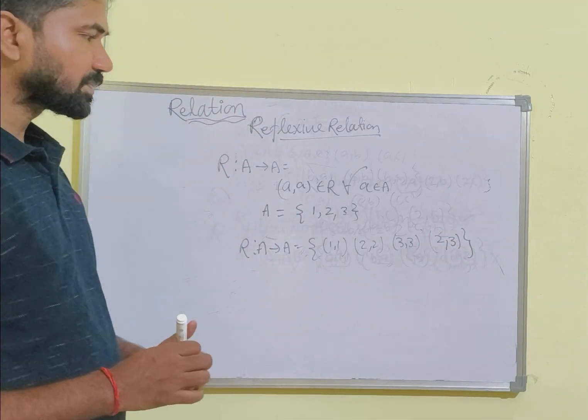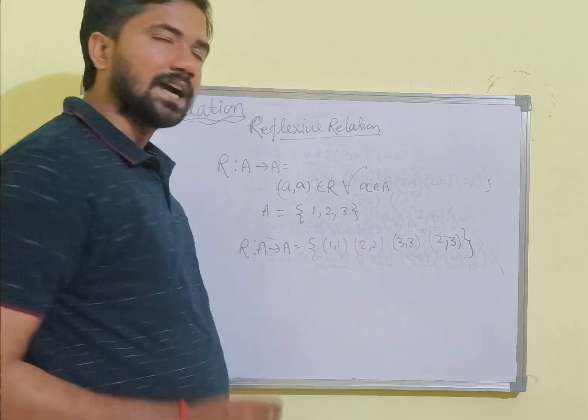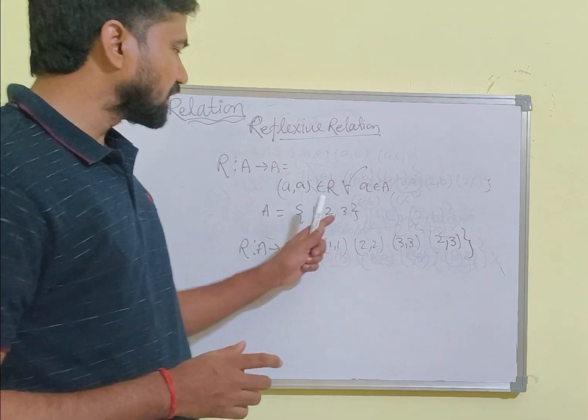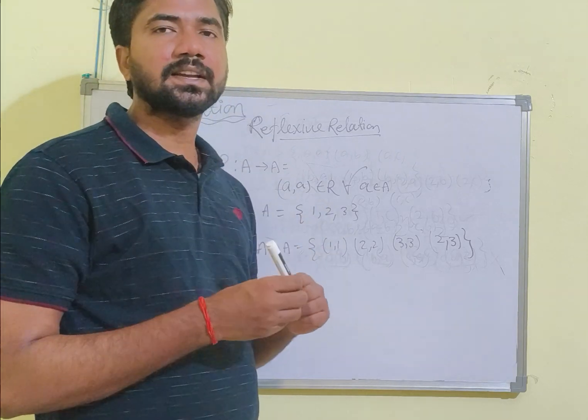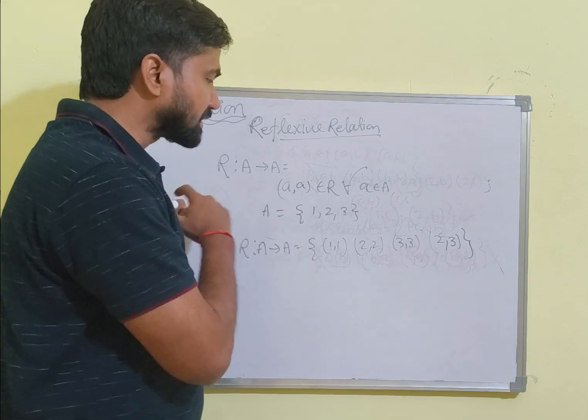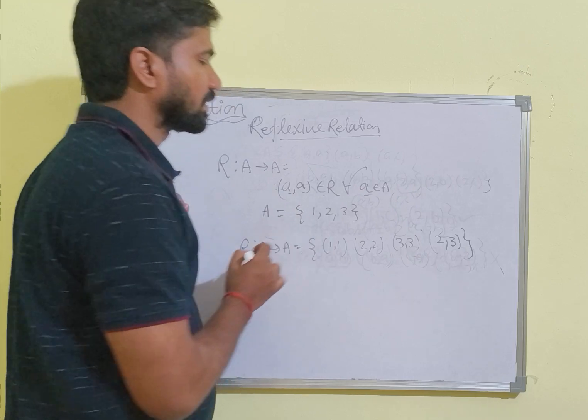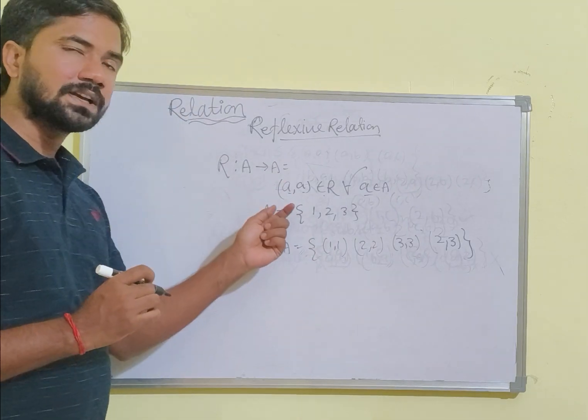So see here, each and every element like (1, 1), (2, 2), (3, 3) is related to itself. So this type of relation we can say is a reflexive relation, because each and every element is related to itself.